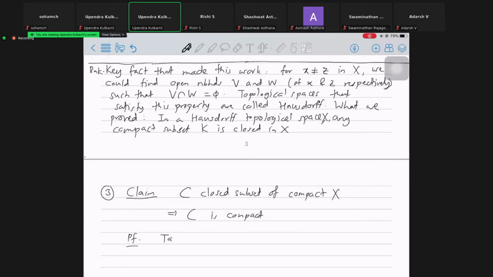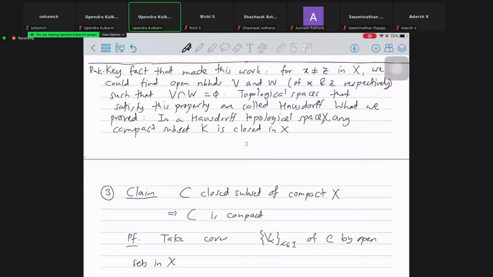So take an open cover V alpha. Let's use our second: take a cover of C by open sets in X. That's what we will do.